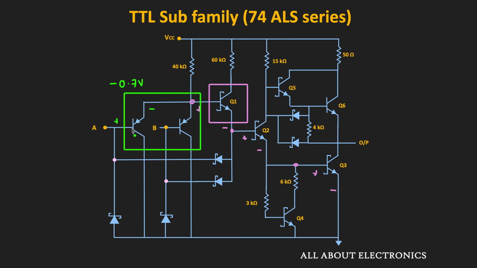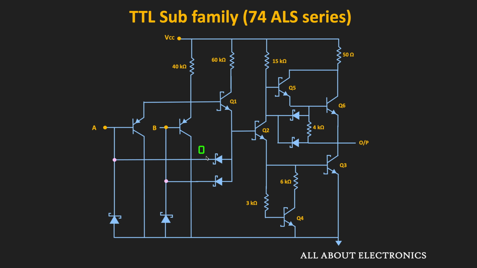So now if we see, then the required input voltage to turn on this transistor Q2 and Q3 will be equal to minus 0.7 volt plus the 3 VBE drop across these three transistors. That means here this additional VBE drop will get eliminated, and therefore the required input voltage will almost remain same. So that is the purpose of these PNP transistors.